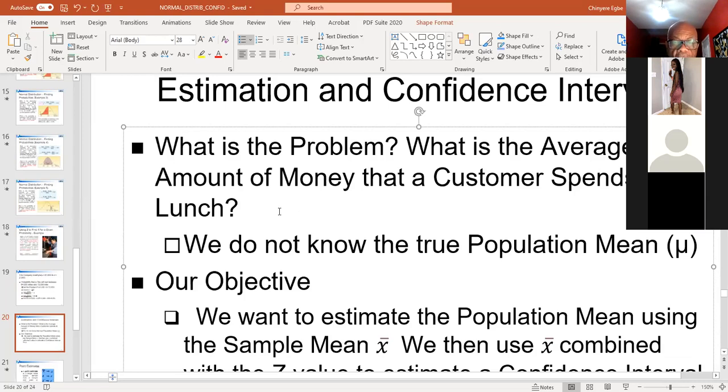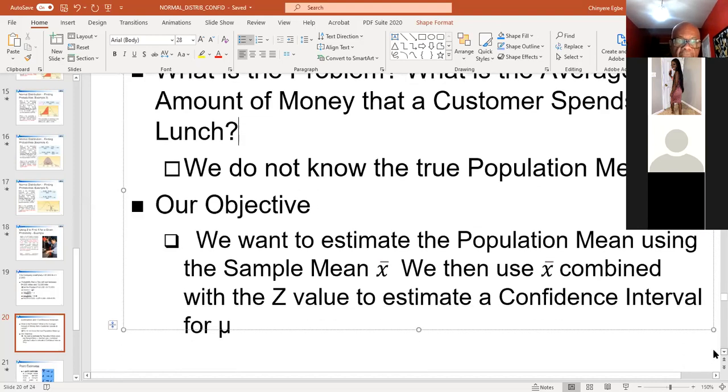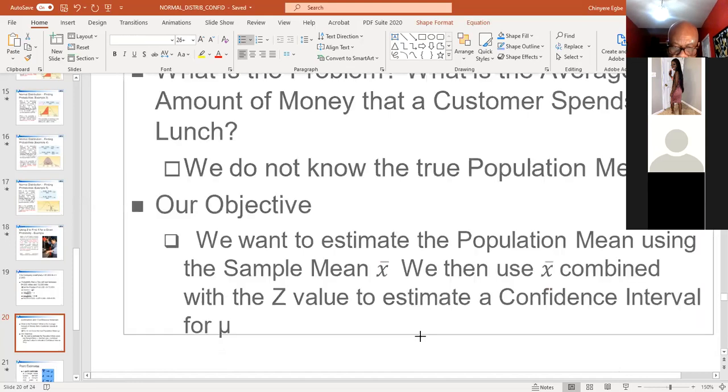So we do not know the true population mean. So what is it that we want to achieve when we establish a confidence interval? We want to estimate the population mean using the sample mean, because we do not generally have access to population information.